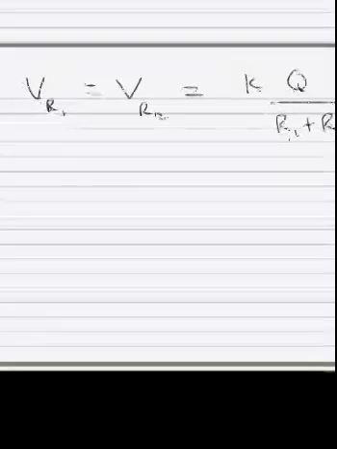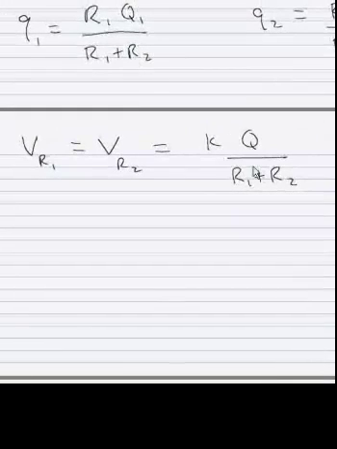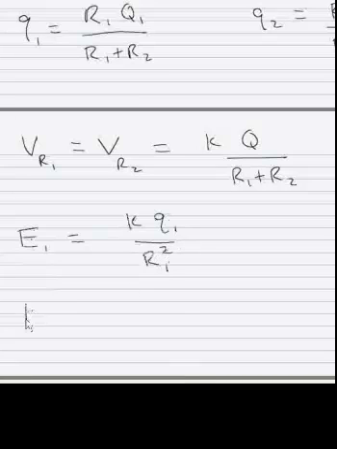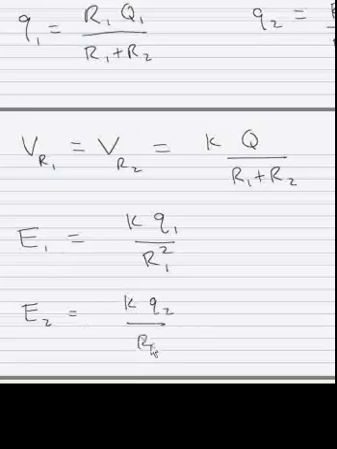I'm just substituting in my little q, and my electric fields are KQ over R squared. So on the surface of 1, it's going to be K times its charge over its radius squared. And on the surface of the other one, it's going to be K times its charge over its radius squared.